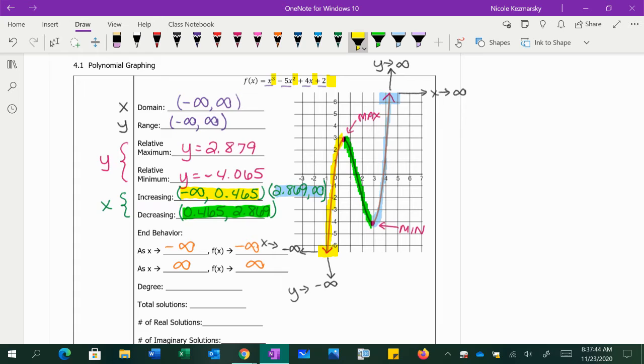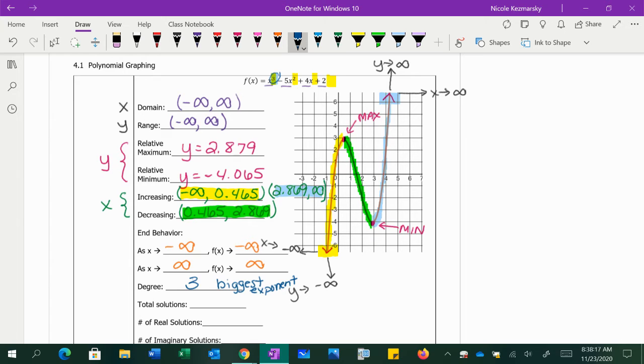And of those 3, 2, 1, or 0, the biggest number is the 3. So 3 is the degree. So the biggest number is 3. So we'll write down here biggest exponent. Kind of write it sideways there.